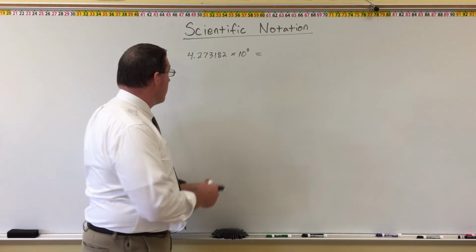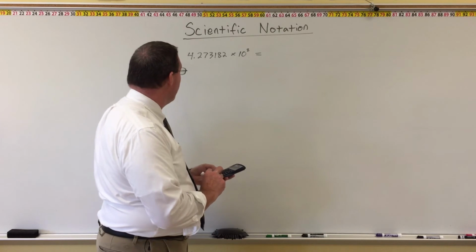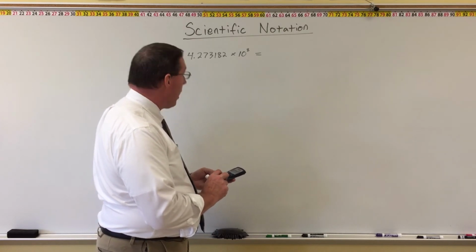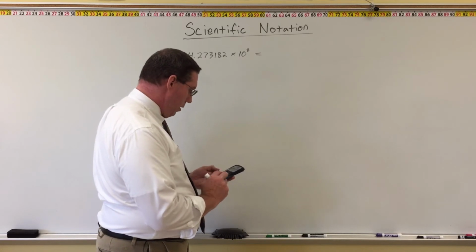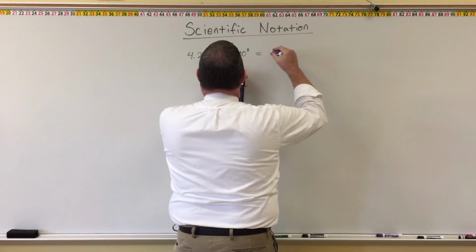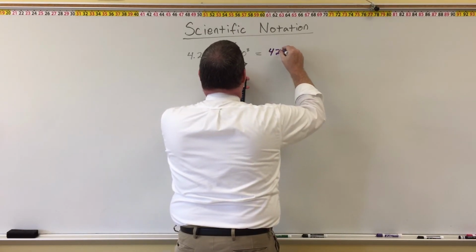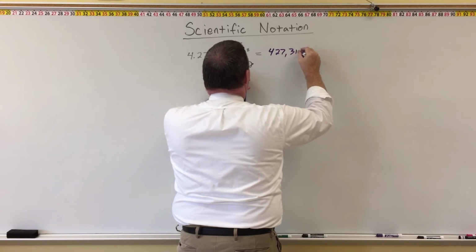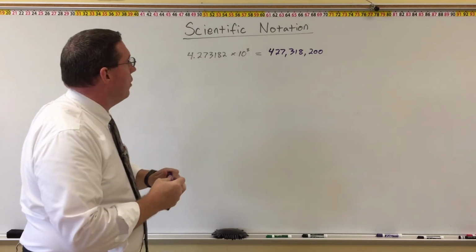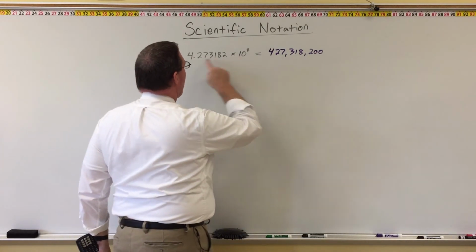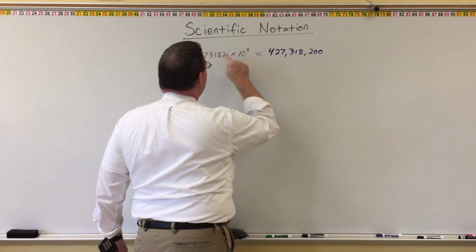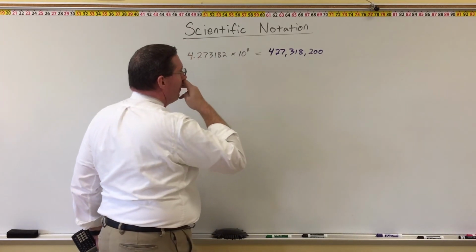Now, one way I can do this is I can just take a calculator and key in 4.273182 times 10 to the 8th power, and here's the answer that I get: 427,318,200. Okay? And note that the numbers written down in order here are the same as these numbers: 427,318, then a 2, and then a 2, right?